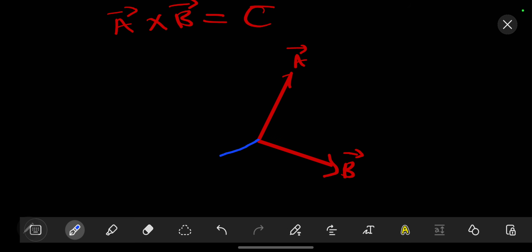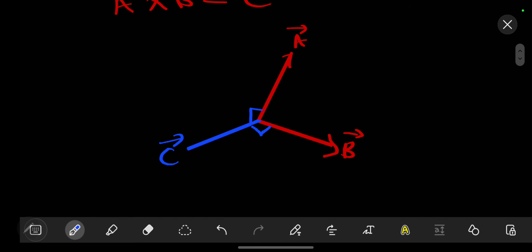So your vector C, which is starting at this point, moving like that. This vector will be perpendicular to both A and B. So the angle between C and B will be 90 degrees, and even the angle between A and B. So this vector is perpendicular to both A and B.